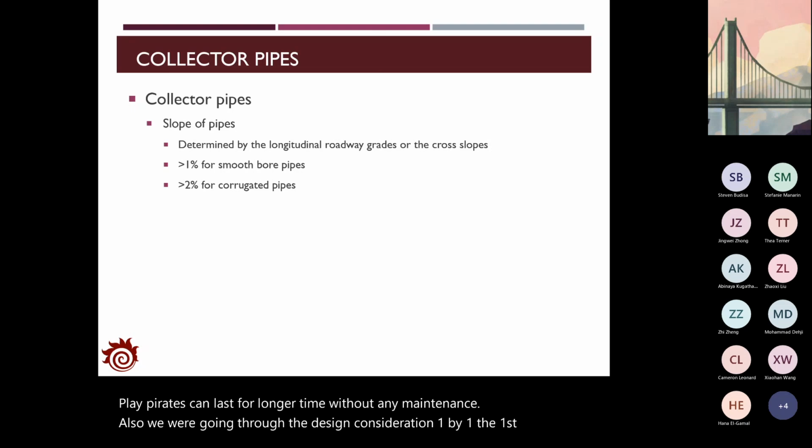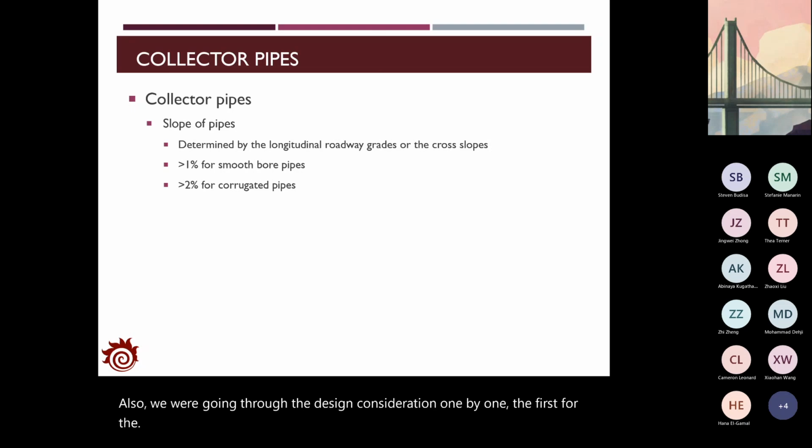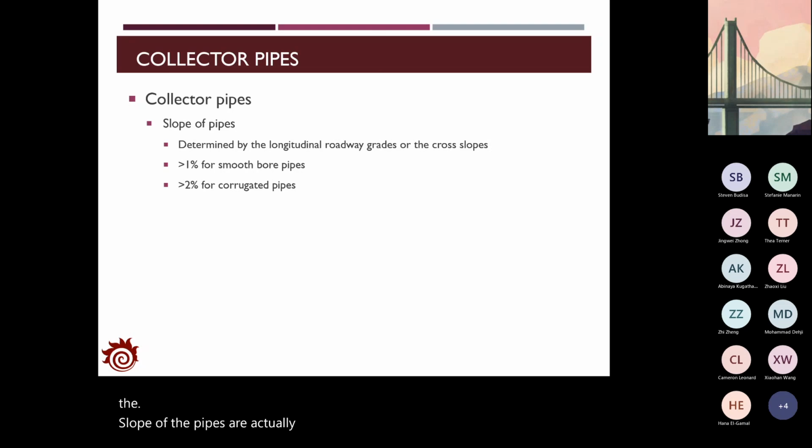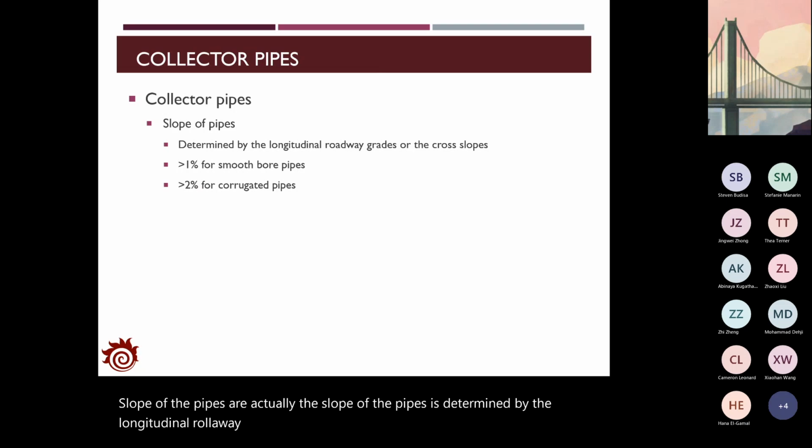So first, for the slope of the pipes. The slope of the pipes is determined by the longitudinal roadway grades and also the cross slopes. In general, we will have some empirical standards.